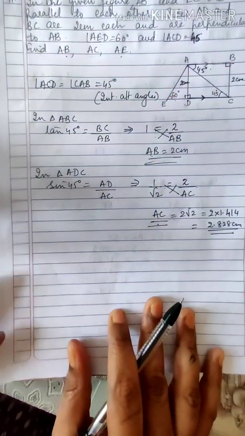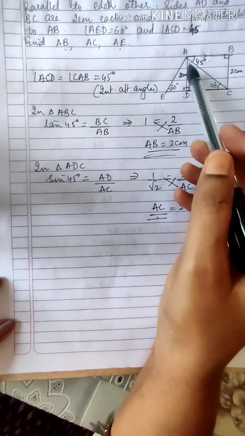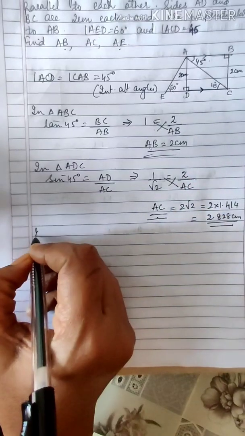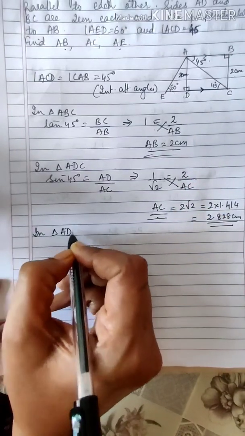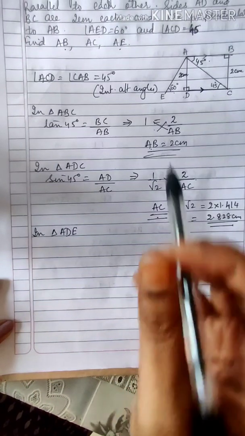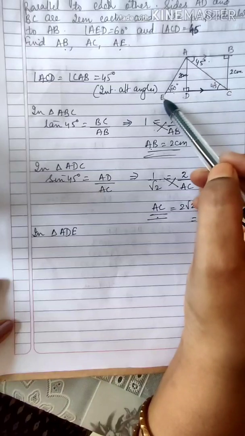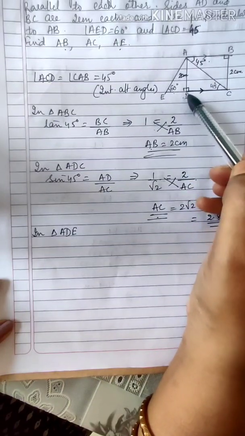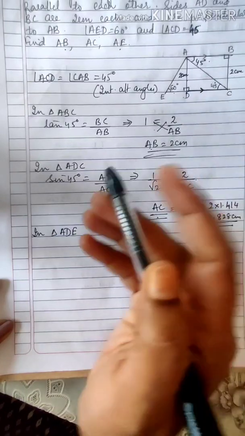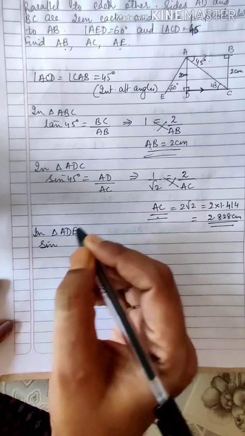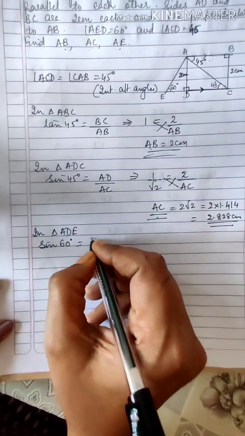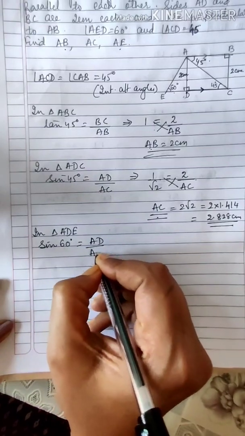Now next is AE. Now to find AE, you have to refer the triangle ADE. So in triangle ADE, AE is the hypotenuse for this right angle triangle and 2 centimeter is your perpendicular. So the ratio which connects perpendicular with hypotenuse is sine and the reference angle is 60 degree. So sine 60 will be equal to AD upon AE.